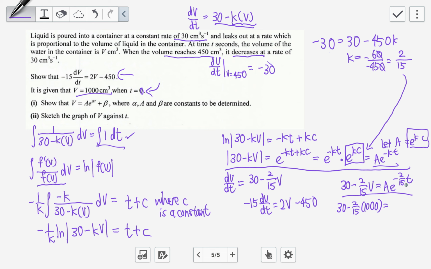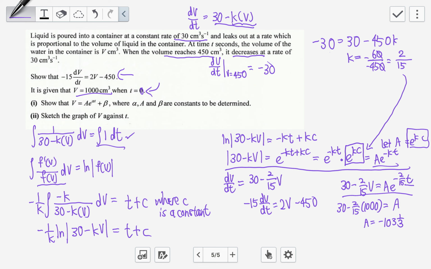I'm using this one, substituting here. e to the power of 0 is 1, so then I get my a, which is minus 103 and 1/3.